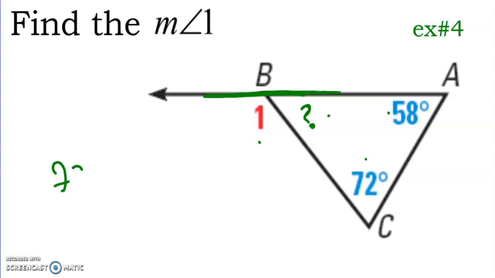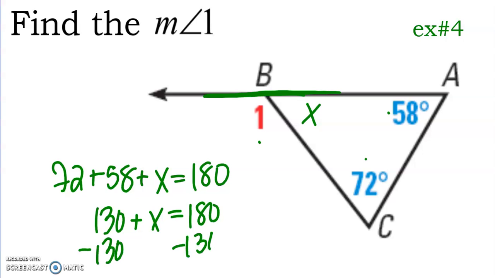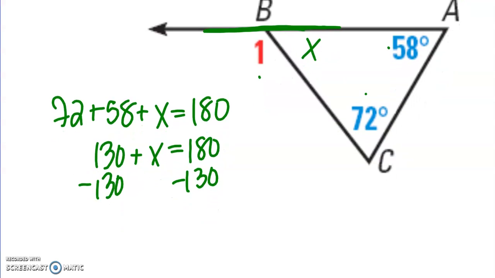So we know that 72 plus 58 plus, I'll call this x, add up to 180. So that's 130 plus x equals 180. Let's subtract 130 from both sides. And we get that x equals 50 degrees.